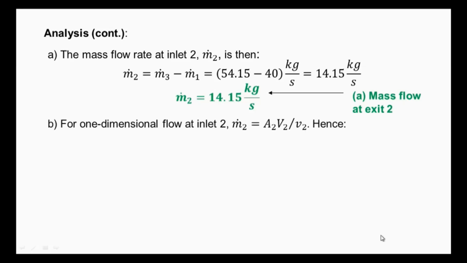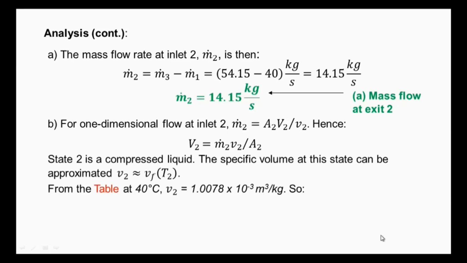For one-dimensional flow at inlet 2, the expression for the mass flow rate as a function of the volumetric flow rate can be substituted. Hence, we can get the value of the velocity V2 by the following expression. State 2 is a compressed liquid. The specific volume at this state can be approximated by the specific volume for saturated liquid at that temperature.